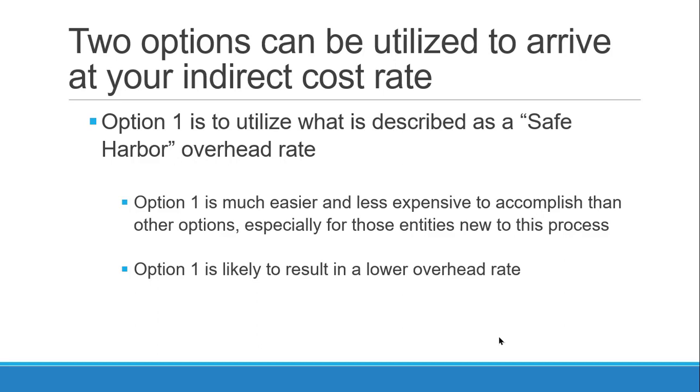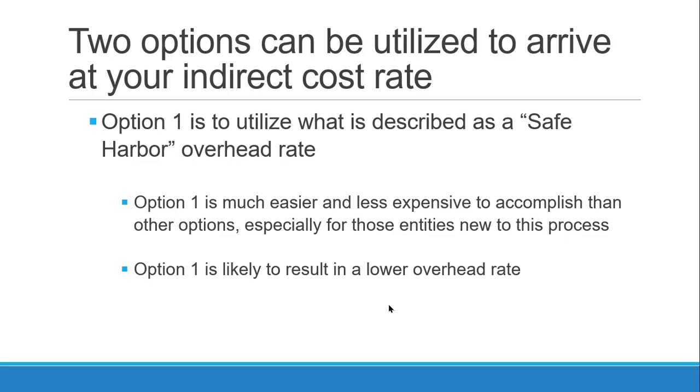This option is much easier and less expensive to accomplish than other options, especially for those entities new to this entire process. Although it is easier, option one is likely to result in a lower overhead rate than other options. So there's a trade-off. It's easier to do, but it will result in a lower overhead rate, which would mean less money ultimately in your pocket for every hour that is worked.